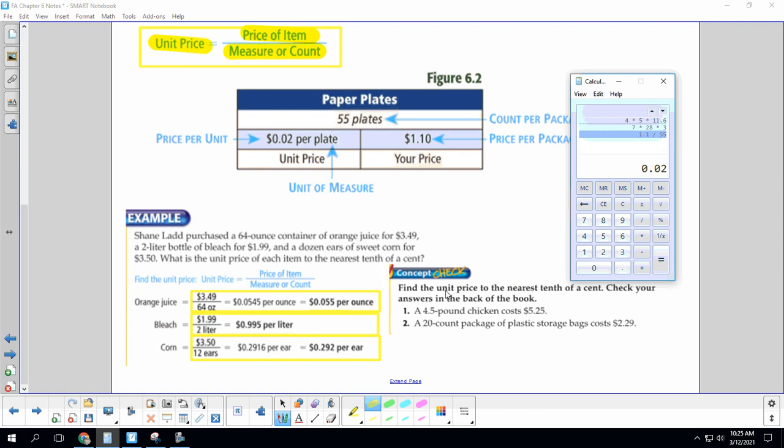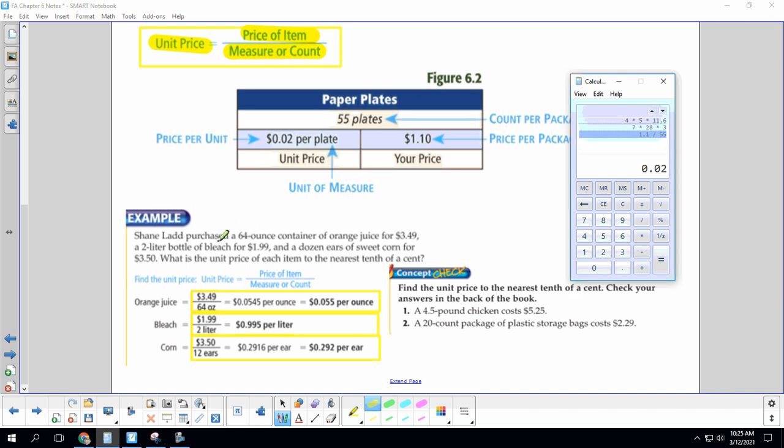Okay, let's continue on. Shane purchased a 64-ounce container of orange juice for $3.49, a 2-liter bottle of bleach for $1.99, and a dozen ears of sweet corn for $3.50. What is the unit price of each item to the nearest tenth?